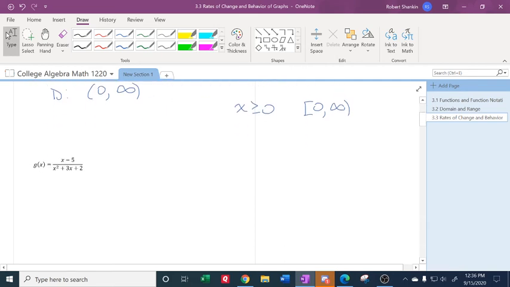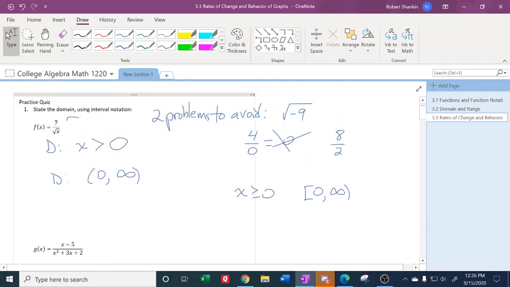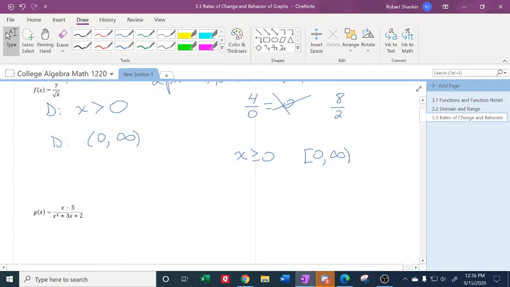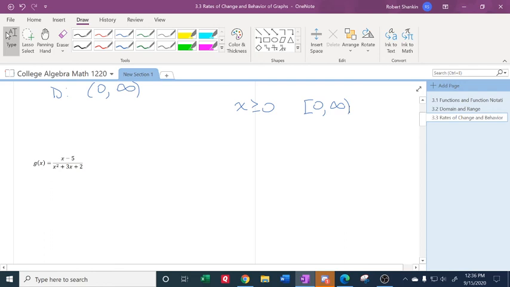Let's go to number 2. Same direction. State the domain using interval notation for this one.